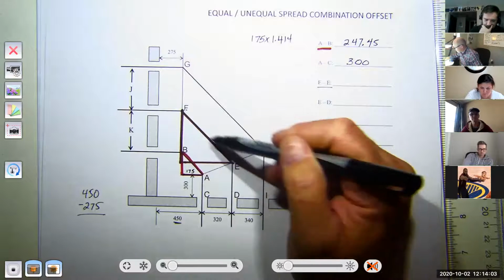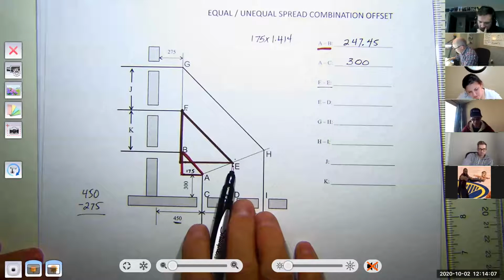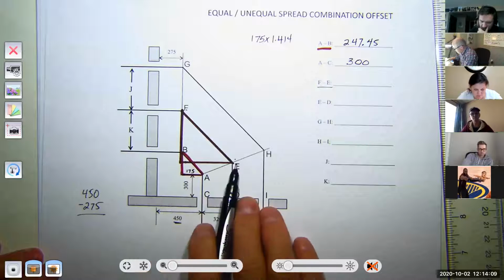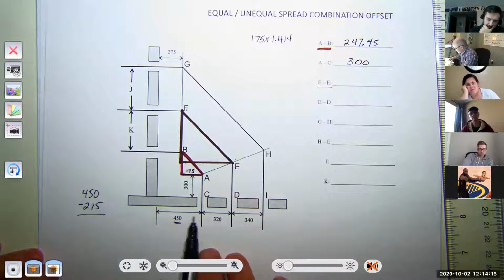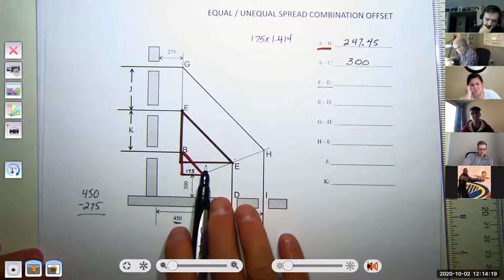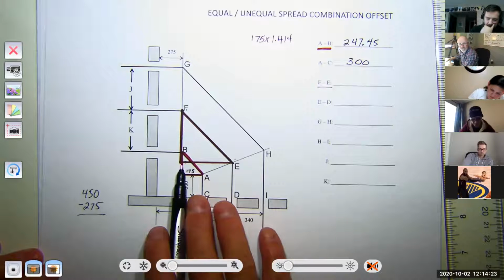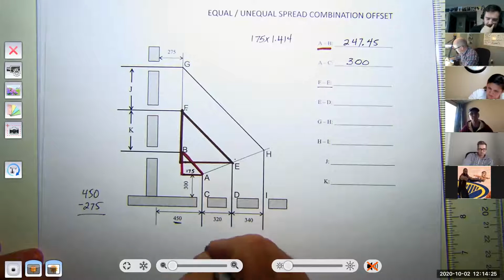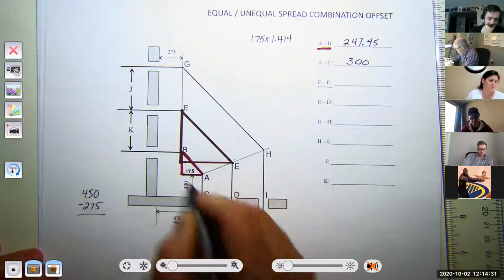Does everybody see that right angle triangle? I hope. Now, I could calculate the run right here by taking 320 plus 175. So 320, this piece, this much, plus 175 is my run.